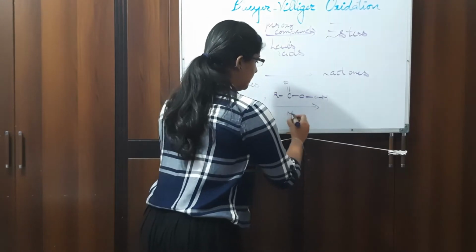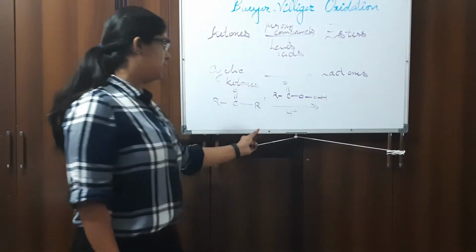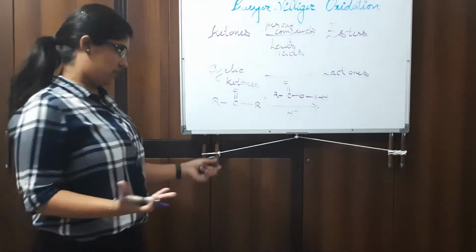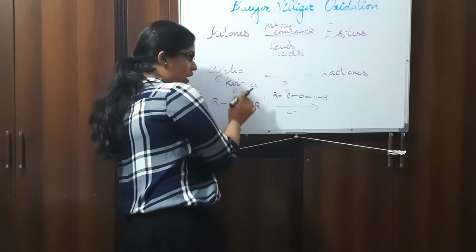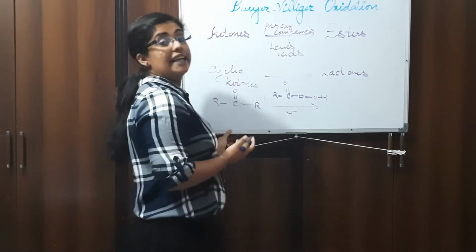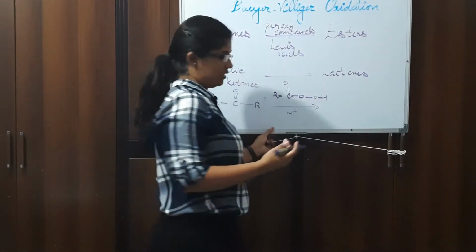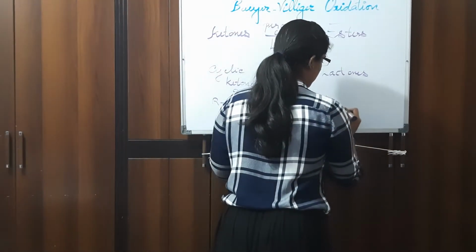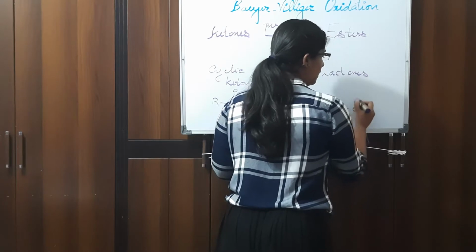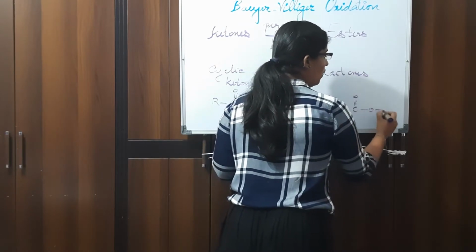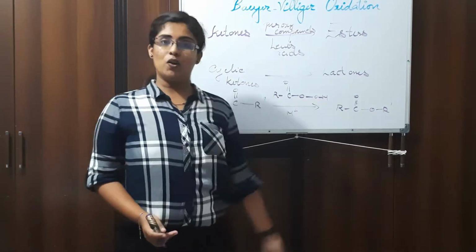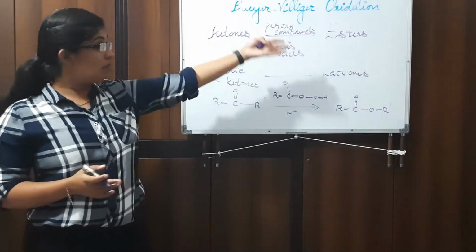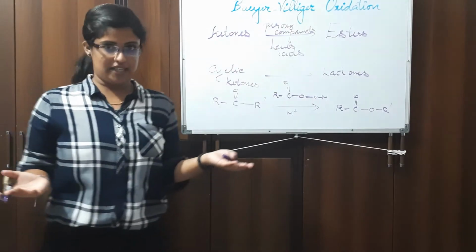In presence of some acid, they are going to give rise to the esters, meaning at the carbon-carbon bond near to the carbonyl group, that bond gets an extra oxygen. So the product is going to be R, C double bond O, O, R dash. From here, extra oxygen gets added. This is the simple Baeyer Villiger oxidation reaction.